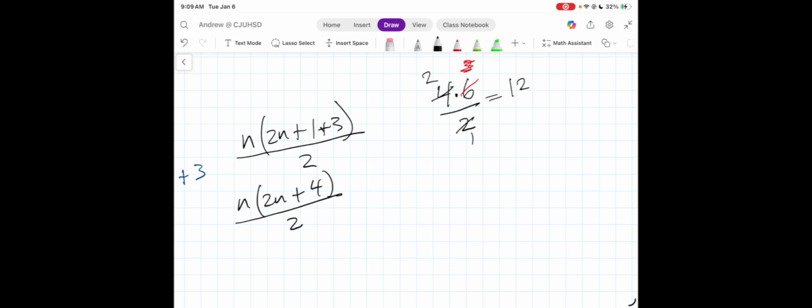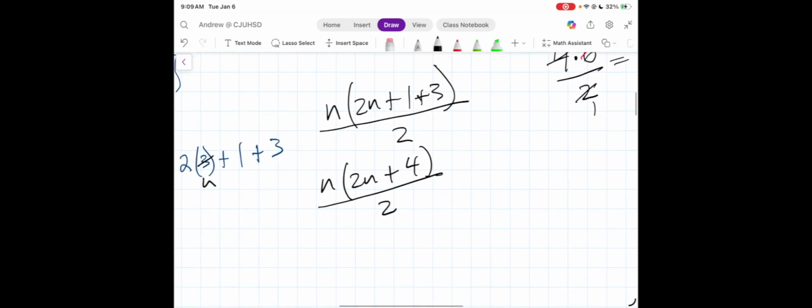Back to our problem over here. I don't really want to divide 2 into n, but I want to divide 2 into the factor 2n plus 4. It's going to have to get divided into both those terms. So 2 goes into 2 once, 2 goes into 2 once, 2 goes into 4 twice. Now what do I get out of all that?